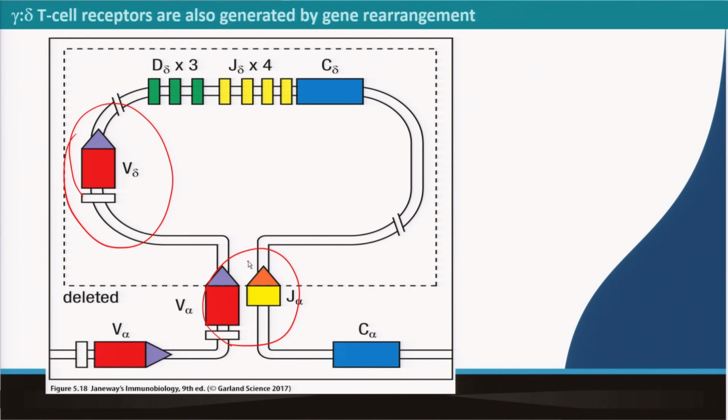This is one very nice explanation of why a T cell receptor is either alpha beta or gamma delta type. There are many other theories or hypotheses about how it is decided, but once V alpha is joined, V delta is not possible. So this is the T cell receptor diversity so far.